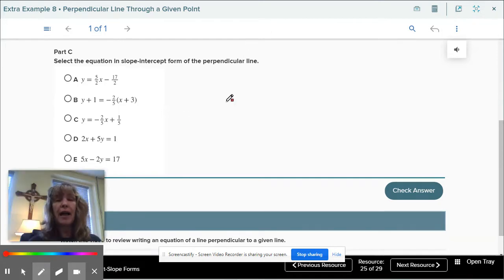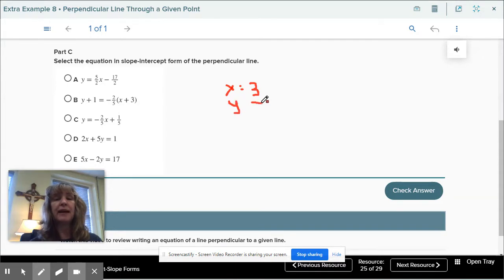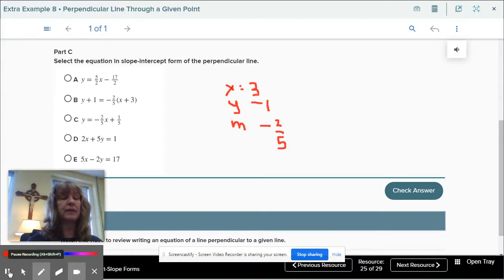So x is 3, y is -1, and m is -2/5. So pause the video, put it into y minus y1 equals m times x minus x1, point-slope form, and see if you can determine what your answer is.